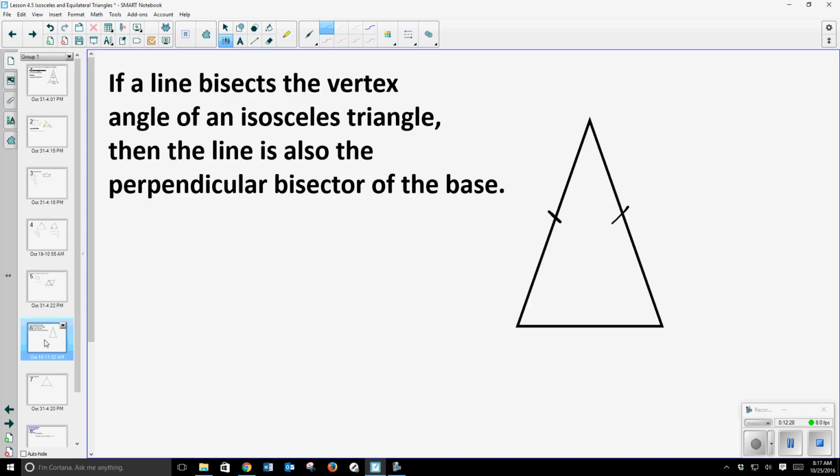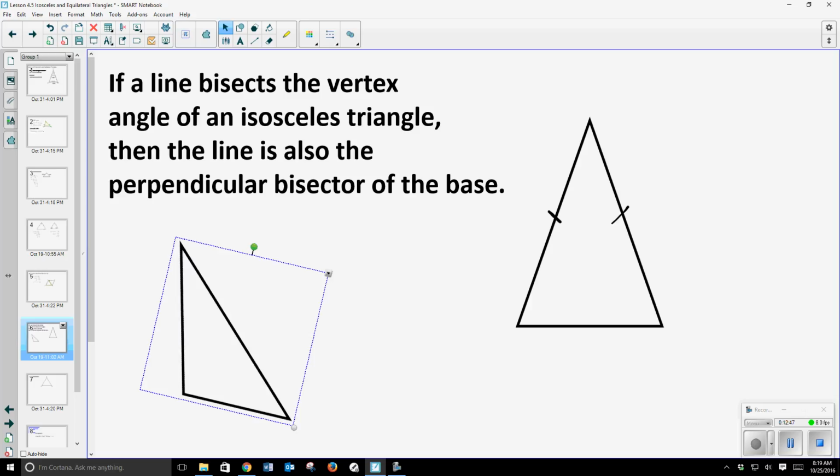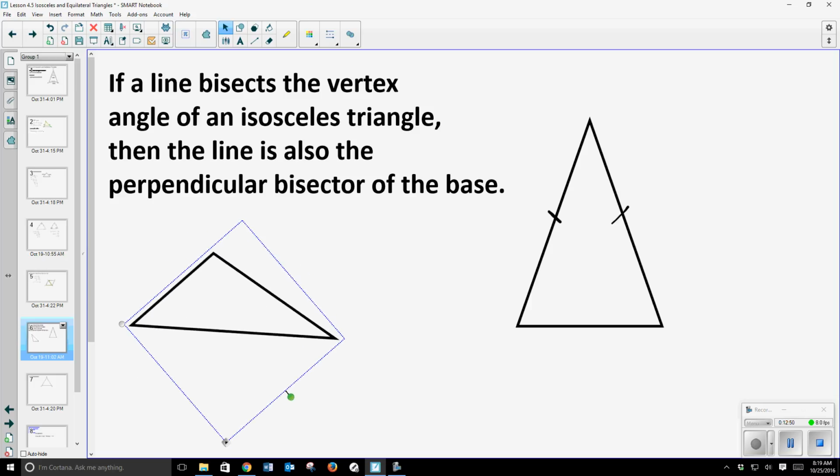Okay, next we have another thing about isosceles triangles. If you take just any triangle, an irregular, oblique triangle, and you bisect an angle, a vertex, you cut that angle in half.